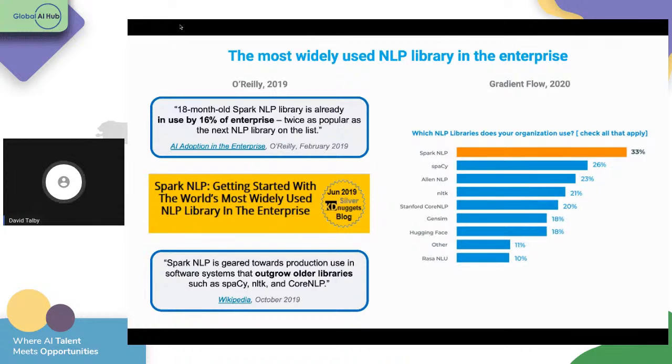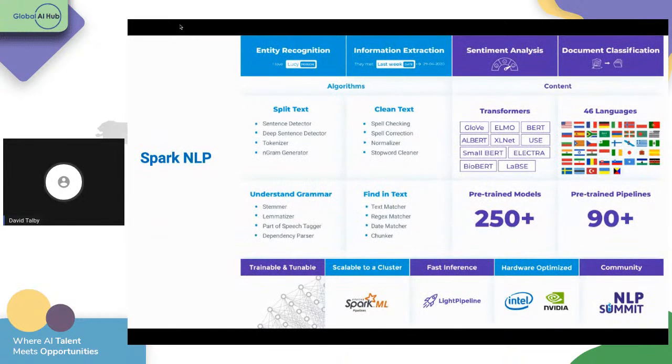So we're not as strong in the research space, but when people want to put systems into production and use them in an industry setting, mostly they turn to Spark NLP to get the job done. Spark NLP itself has grown rapidly in terms of what it can do. We've been releasing software every 2 weeks, at least, for the past 3 years. So the library has progressed quickly in terms of functionality.